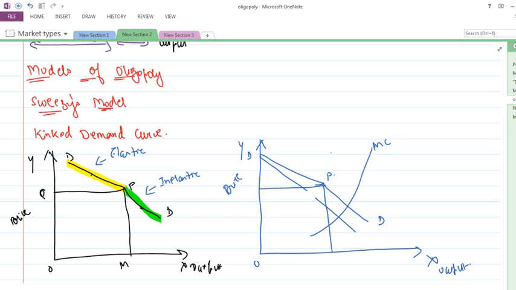There are a number of imperfect collusions, and it does not explain anything related to price leadership or cartels. The kinked demand curve is also not applicable to oligopolistic markets wherein there is product differentiation.